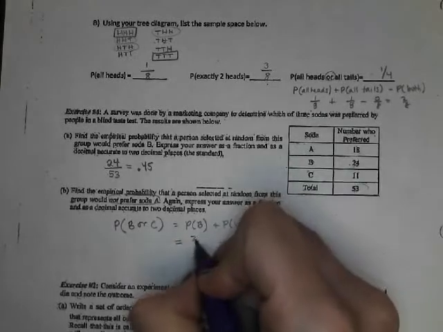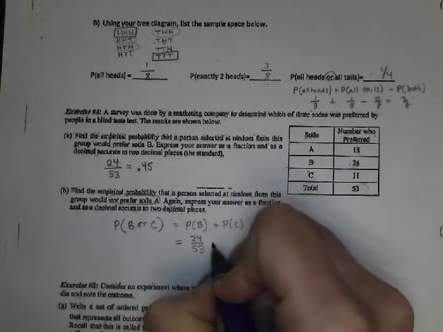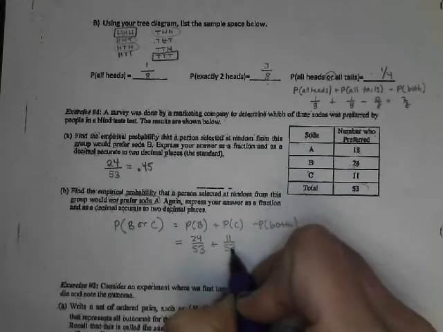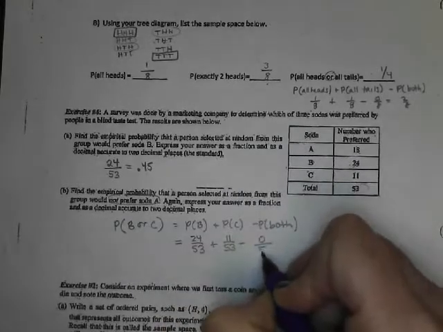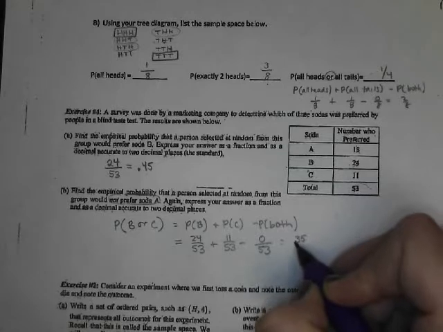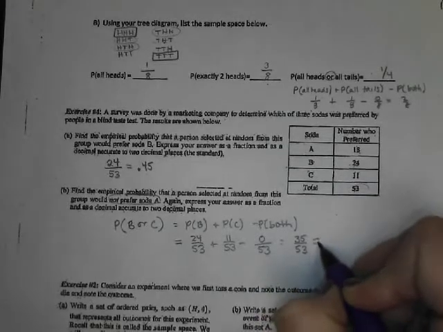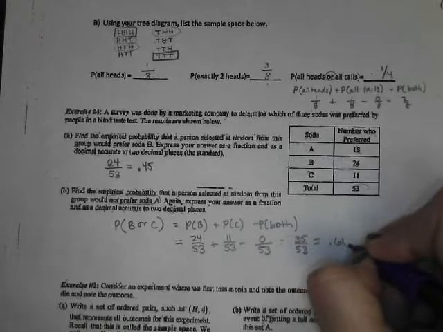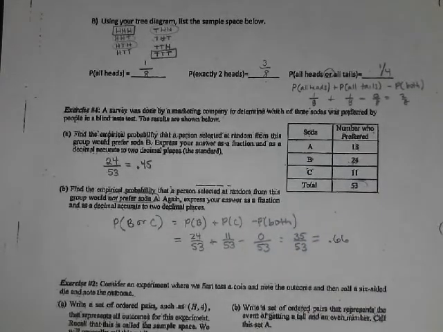Probability of B is 24 over 53, plus the probability of C is 11 over 53, and no one can prefer both. So we get 35 over 53 as a fraction, and as a decimal, 0.66. Again, that's between 0 and 1.